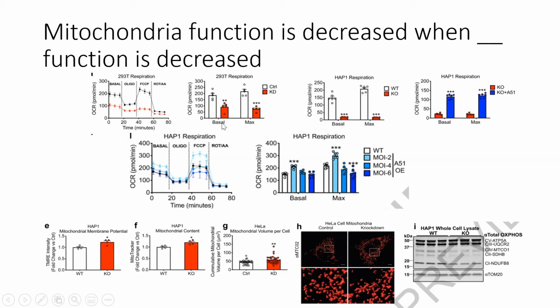But for quick and ease of interpretation, I chose to, because they did this same experiment 3 or 4 different times. And so for the rest of these, I removed this oxygen consumption rate line graph, and I just included the bar graph that really gave you the concise summation of the information that you really need to know.